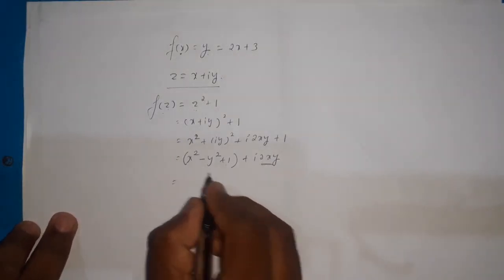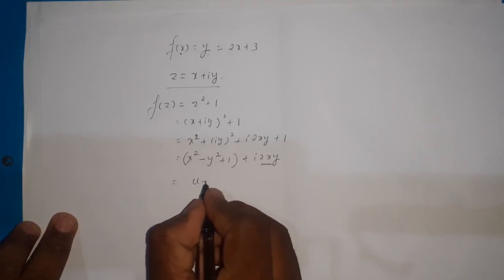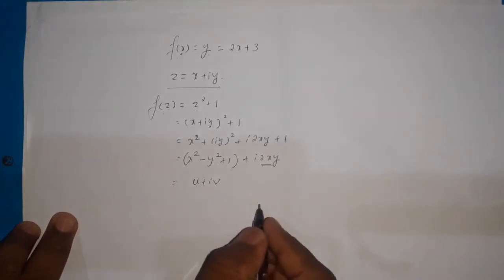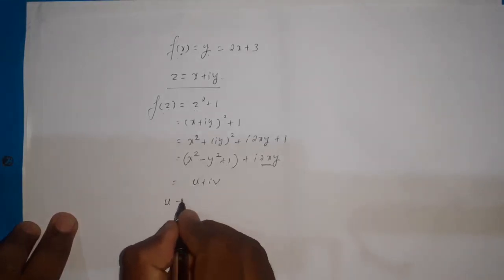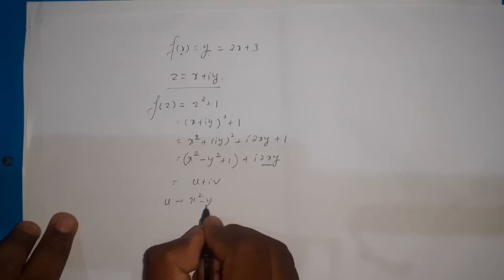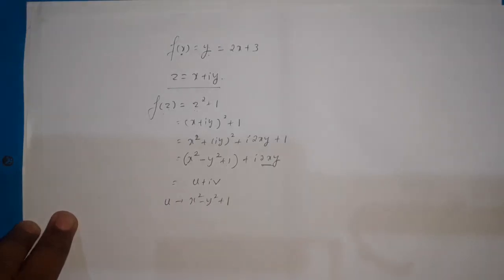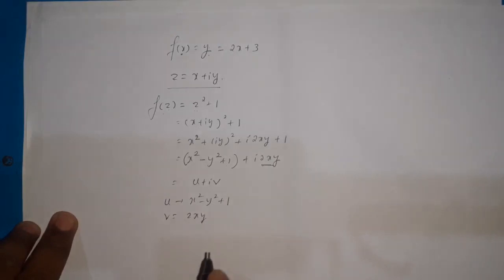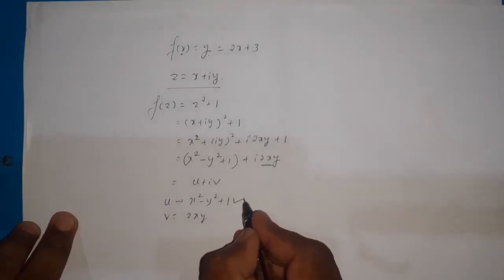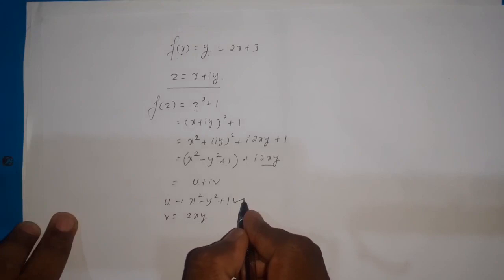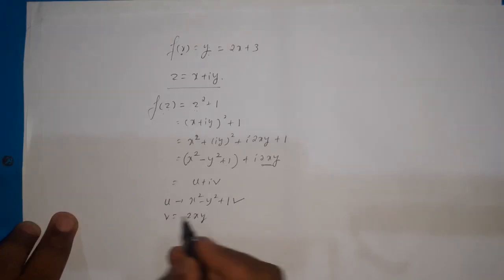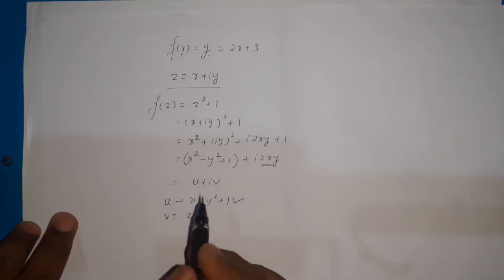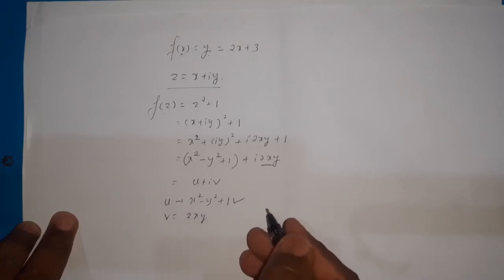So if we write this as u plus i into v, where u is nothing but x square minus y square plus 1, and v is equal to 2xy. Here u is the real part of the function f of z and v is the imaginary part of the function, where u and v both are functions of x and y.